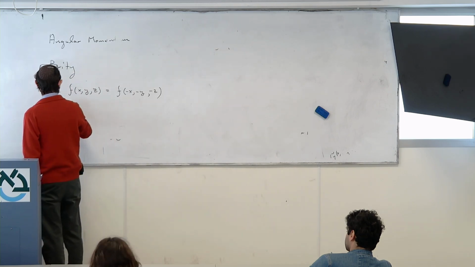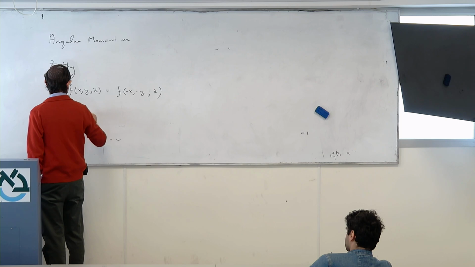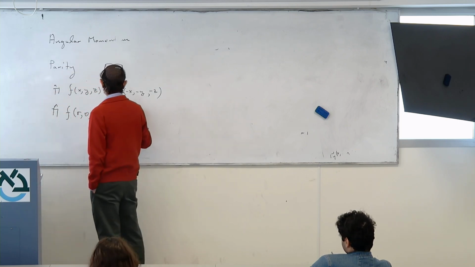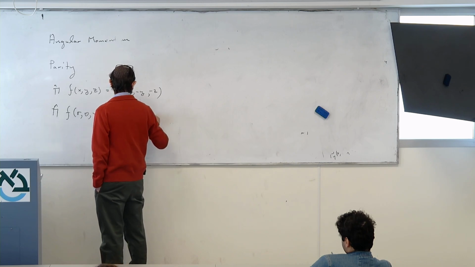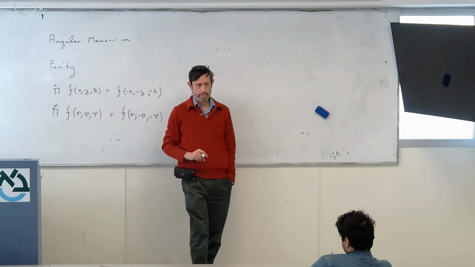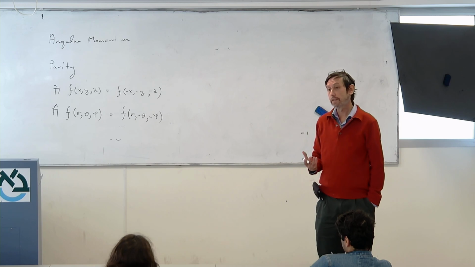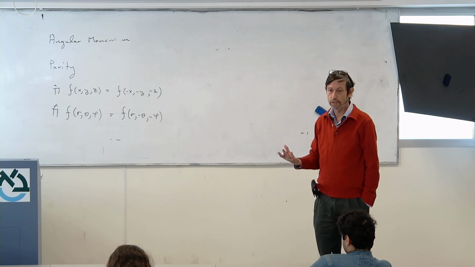Or in polar coordinates, spherical coordinates, so R, which is just x squared plus y squared plus z squared, doesn't change sign.